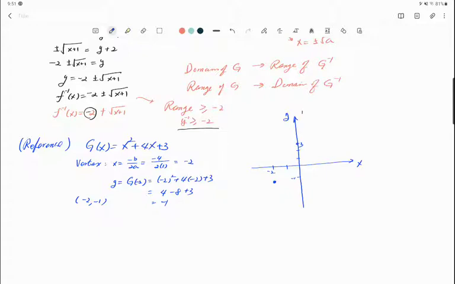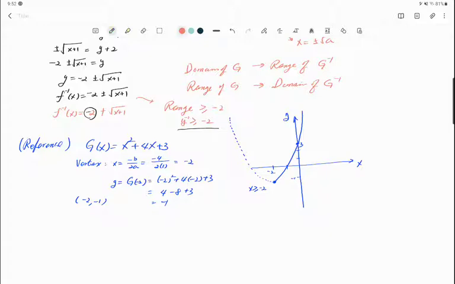So the graph looks like this, and the other part like this. Since the domain is x greater than or equal to negative 2, the graph will be only the solid curve. The dotted curve is not included. Can you see it?